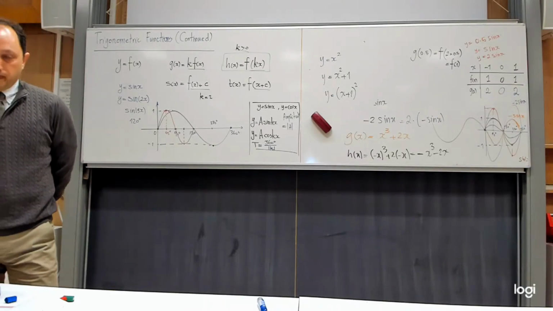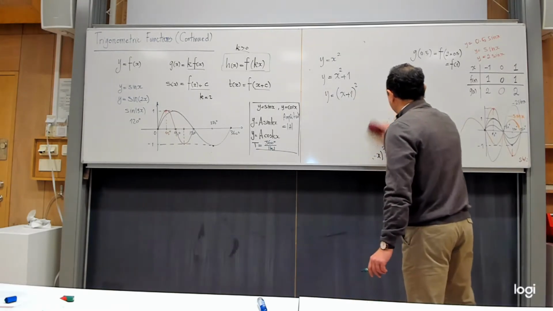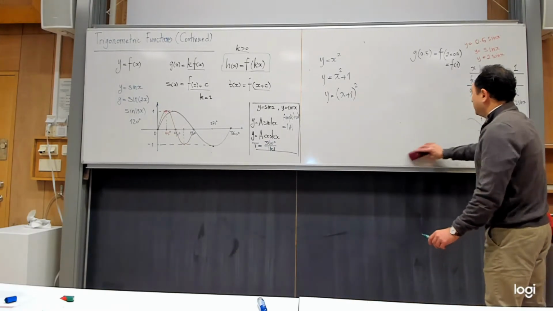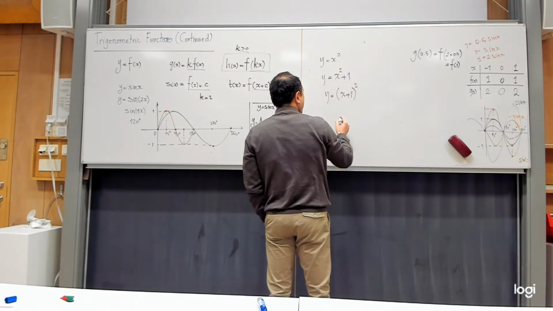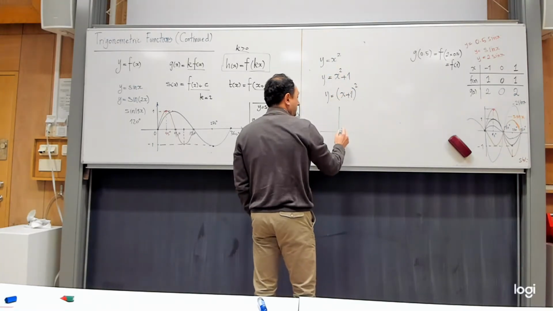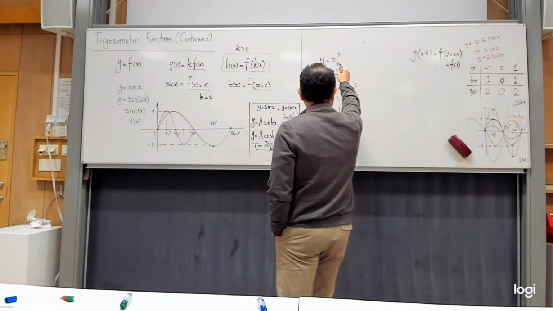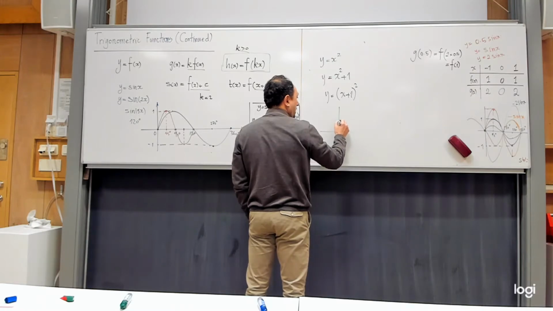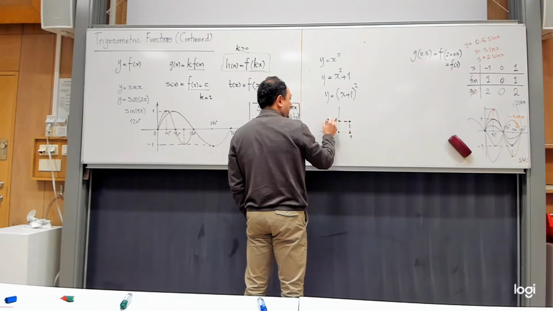Why is that? Again, let me just repeat this part because that's important to understand. So, for example, this graph reaches height 1 when x is 1. Do you agree? So this is 1 point. This is also another point of that graph.